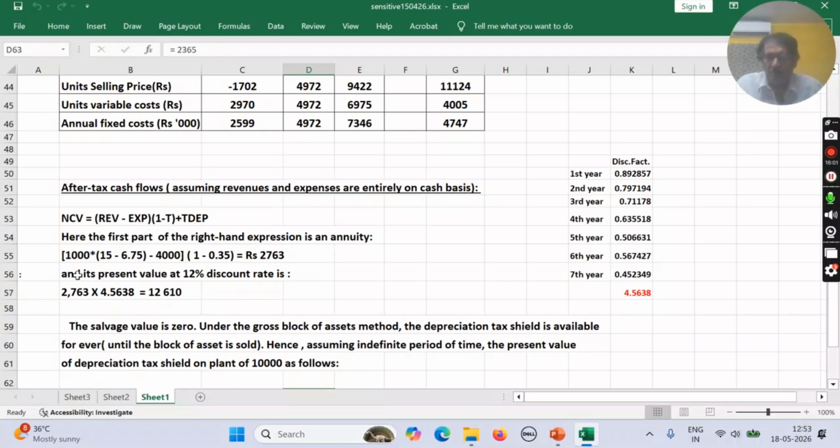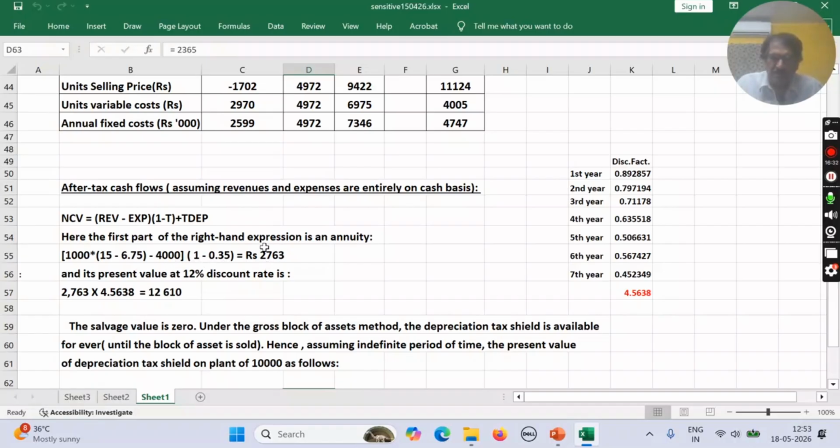Now 1000 is the number of units, the per unit sales price is 15 and the variable cost is 6.75. That's why the saving is this, multiplied by 1000, minus fixed cost. This is the total revenue, and after paying tax, the surplus, with a tax rate of 0.35, that's why 1 minus 0.35 is the savings.